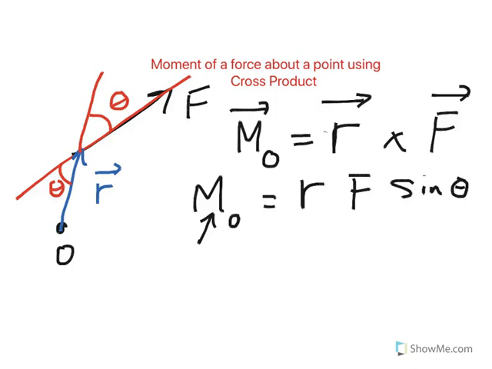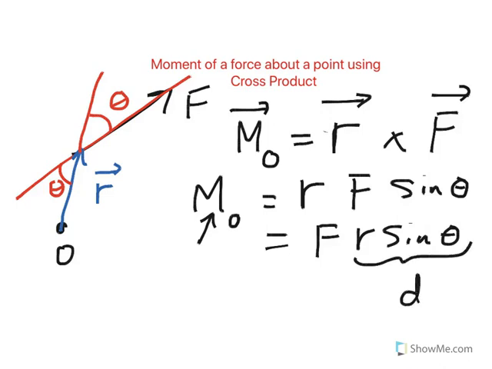Okay? So, what if I rewrote this as F times R times sine theta? And I haven't done anything wrong, I just rearranged this. But now take a look at this. R sine theta actually is D. If you look at this carefully, R sine theta happens to be this shortest distance that we talked about at the beginning of this video.